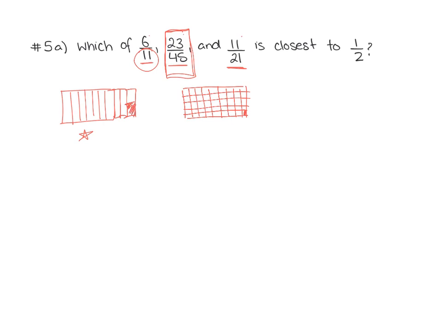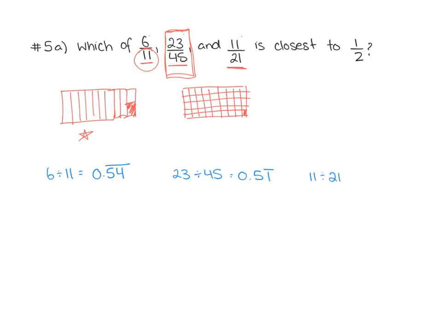But you could also just use a calculator and go, okay, I'm going to type in my numerator divided by my denominator and see what number that gets me. So if you were to type in 6 divided by 11, you would get 0.54, and the 5 and 4 would be repeating. If you were to type in 23 divided by 45 into your calculator, you would get 0.51, and the 1 would be repeating.